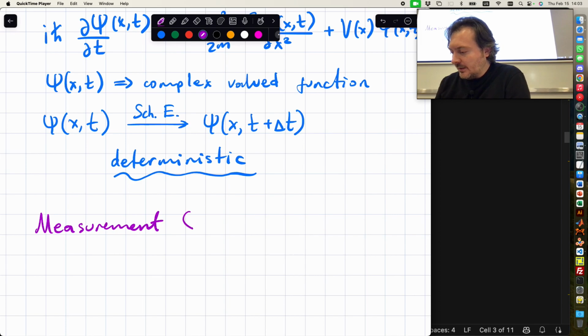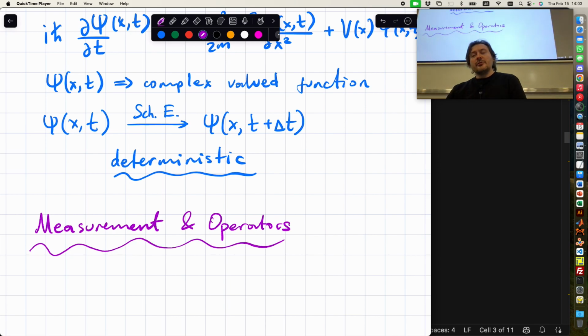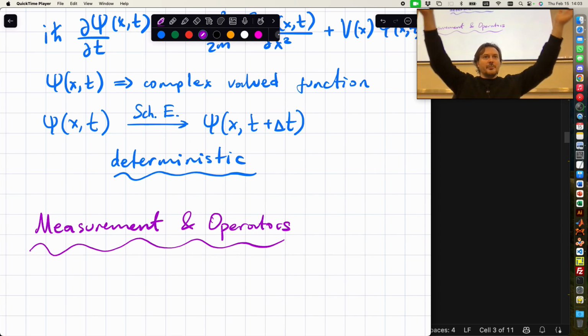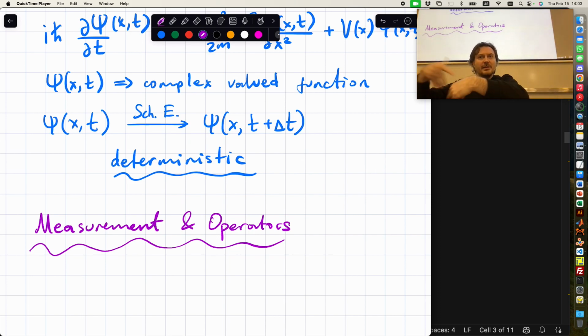Measurement and operators. So Schrödinger's equation fixes Planck's problem. If you take a harmonic oscillator, V(x) equals kx squared over 2, right? If you solve that equation, you get the discrete energies.